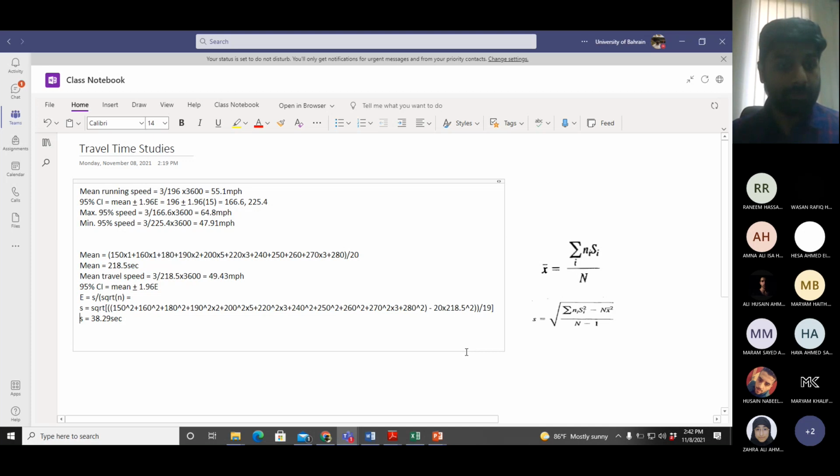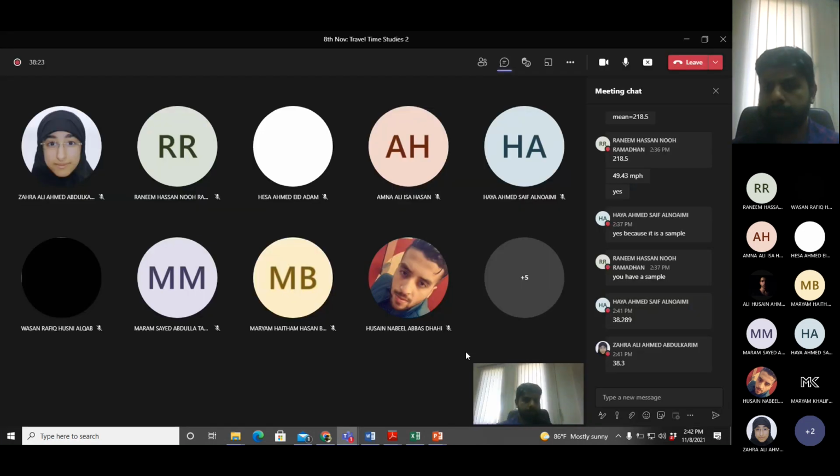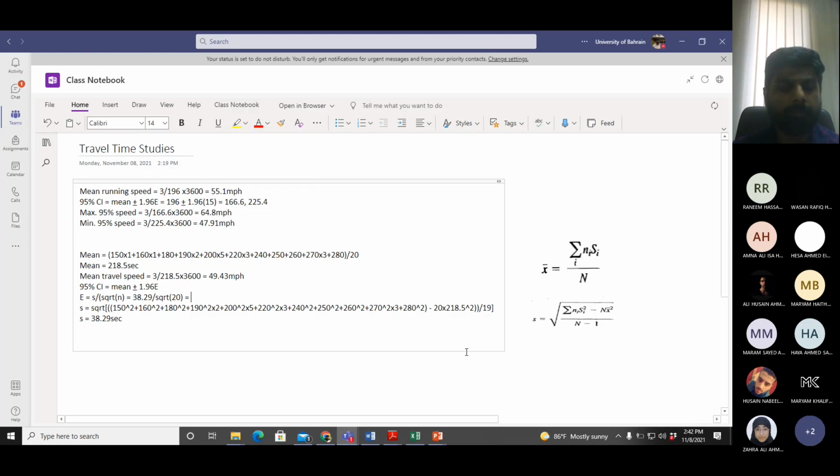Now I can calculate the e value. Give me the e value then. It's 38.29 divided by square root 20. How much is it?